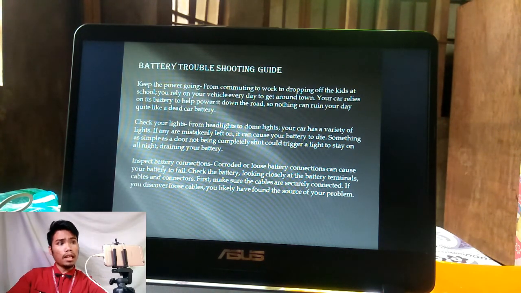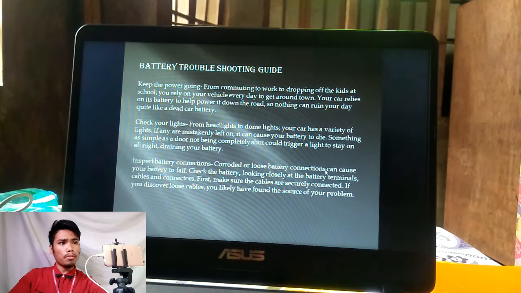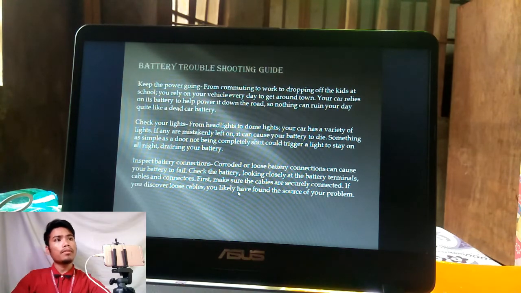Next, inspect battery connection. Corroded or loose battery connections can cause your battery to fail. Check the battery, looking closely at the battery terminals, cables, and connections first. Make sure the cables are securely connected. If you discover a loose cable, you likely have found the source of your problem.